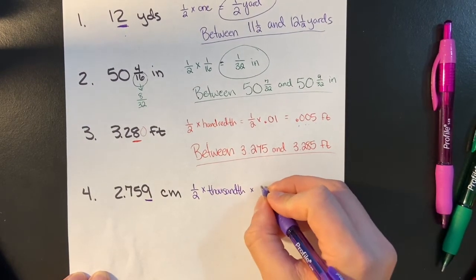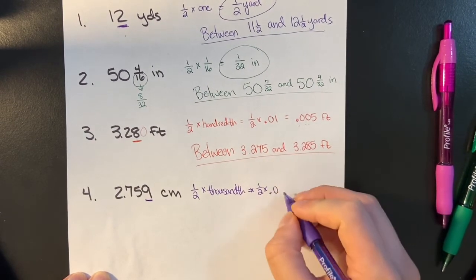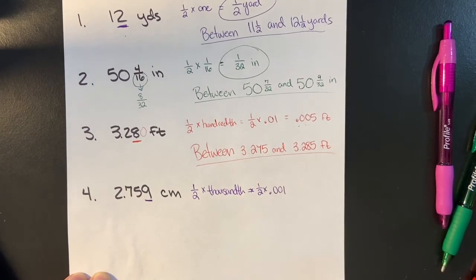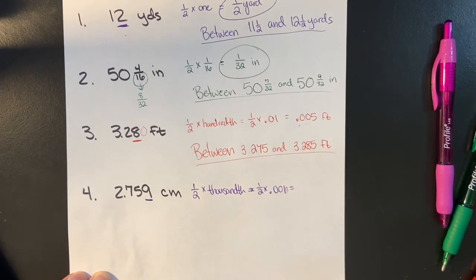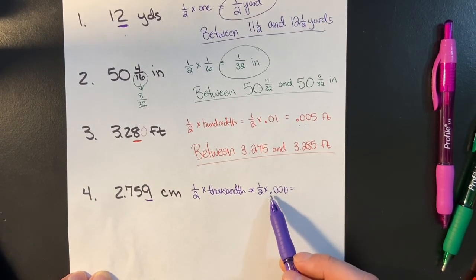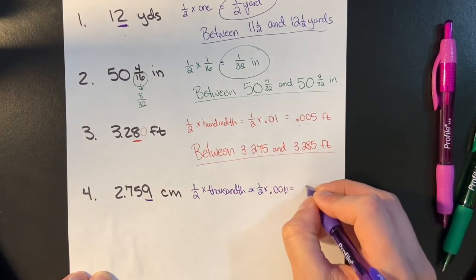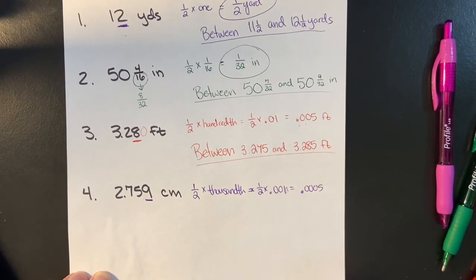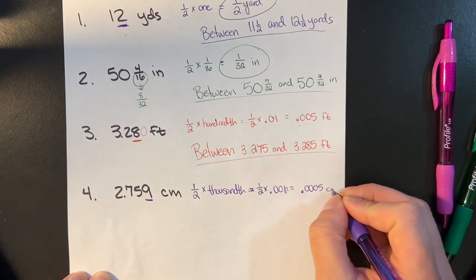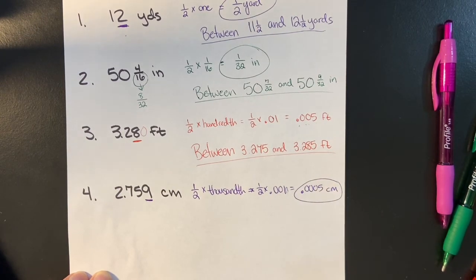So half times 0.001, which, if I wanted to sneak a 0 there to help me understand a little bit better, 0.0010 divided by 2 is 0.0005. So my absolute error is 0.0005 centimeters, or 5 ten-thousandths centimeter.